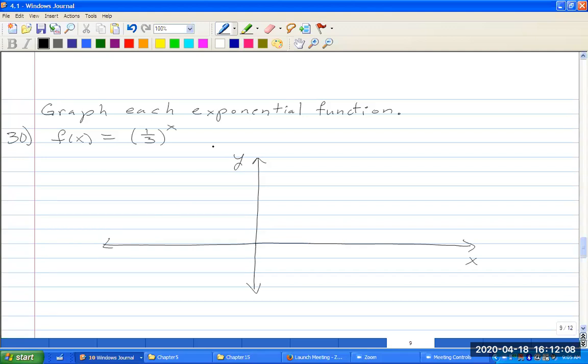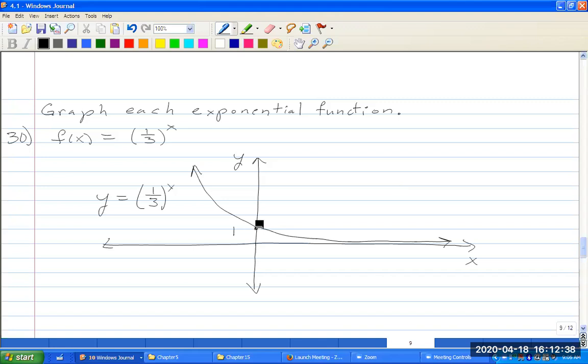So it decays, looking something like this. Y equaling 1 over 3 to the x. It intersects the y-axis at 1. It is always decreasing, concave up.